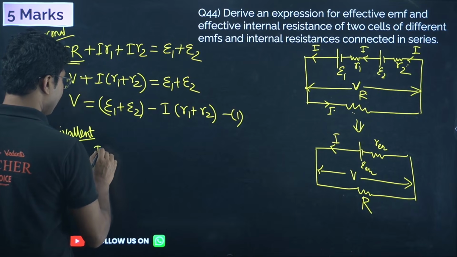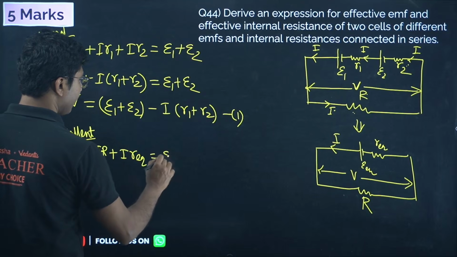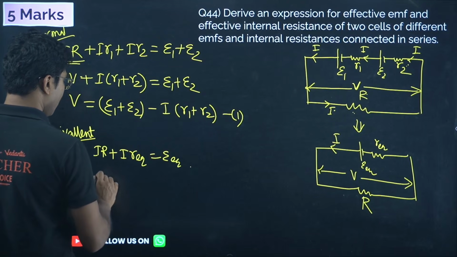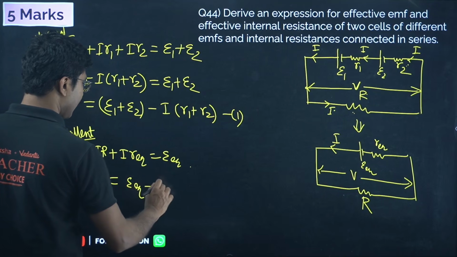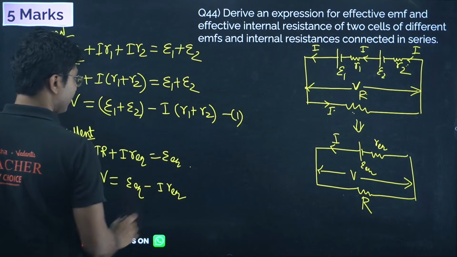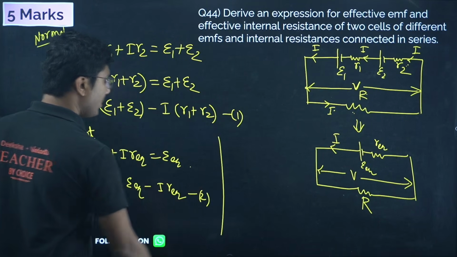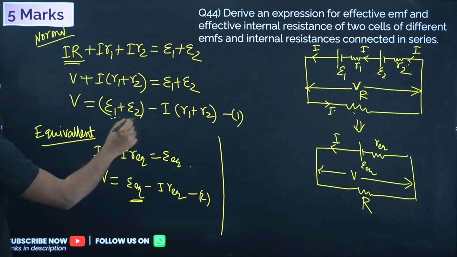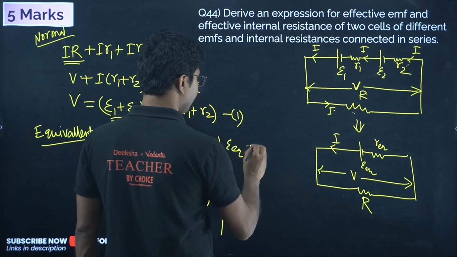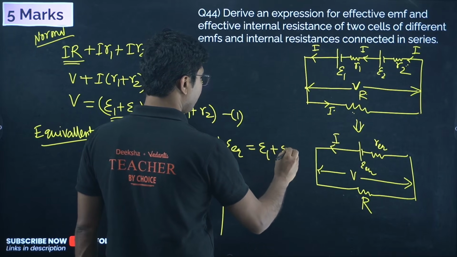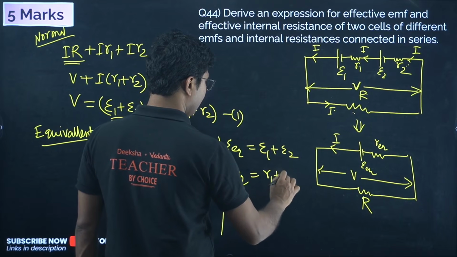So you get I R plus I R equivalent equals epsilon equivalent, or V equals epsilon equivalent minus I into R equivalent. Now if you compare these two equations, equation number 1 and equation number 2, it is very easy to see the equivalent EMF. So comparing 1 and 2, we can write epsilon equivalent equals epsilon 1 plus epsilon 2, and R equivalent equals r1 plus r2.